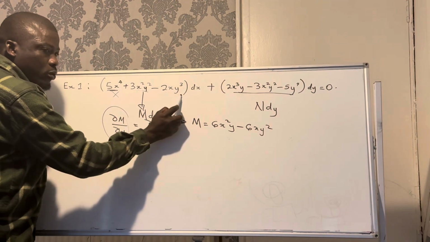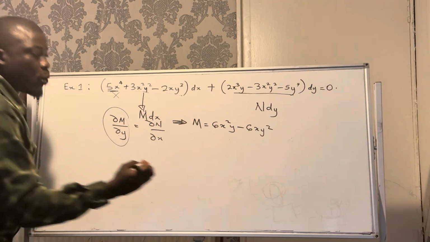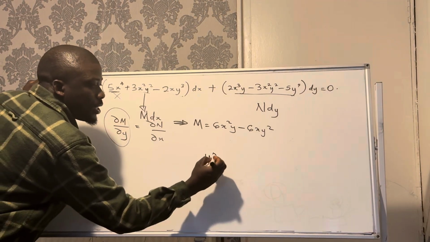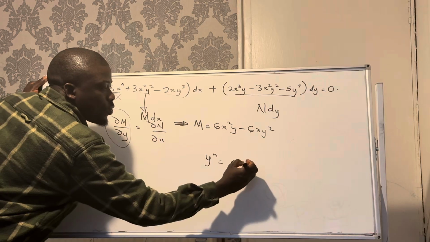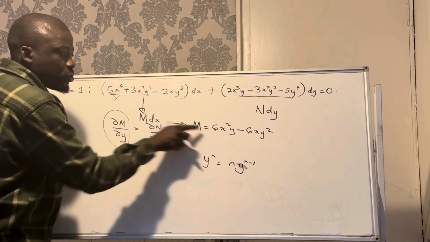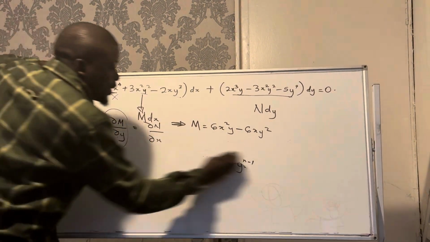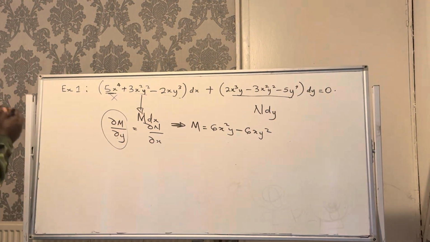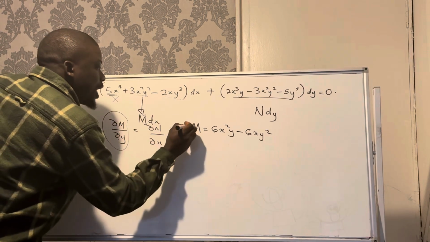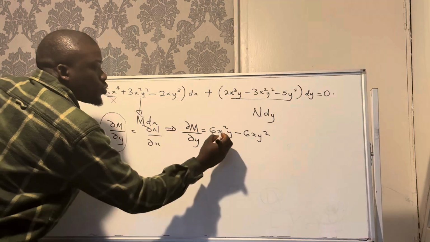From the definition, when you have y raised to power n, the derivative is n y to the power n minus 1. That is the method I used here. So we have partial M over partial y equal to this value.